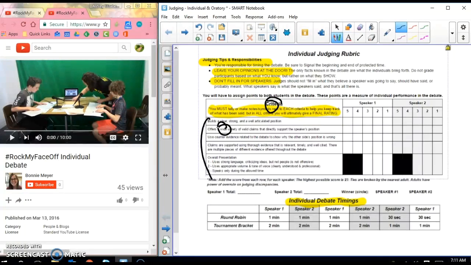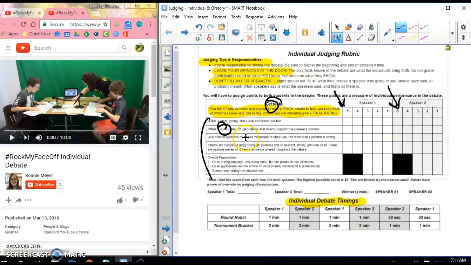Over here you see a 1 through 5, and that's a rating system. At the end, when you are looking at these two people, you're going to rate them based on the criteria on the left on a scale of 1 to 5, with 5 being the best and 1 being the worst.